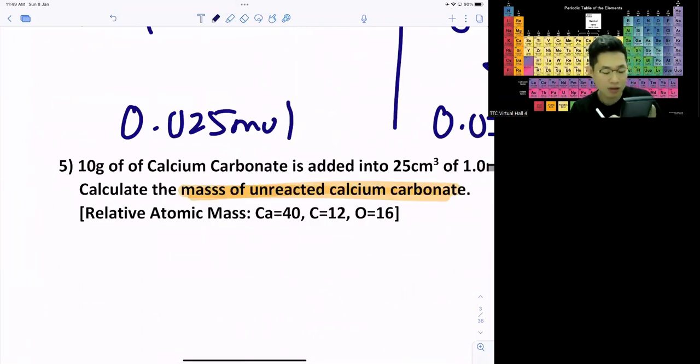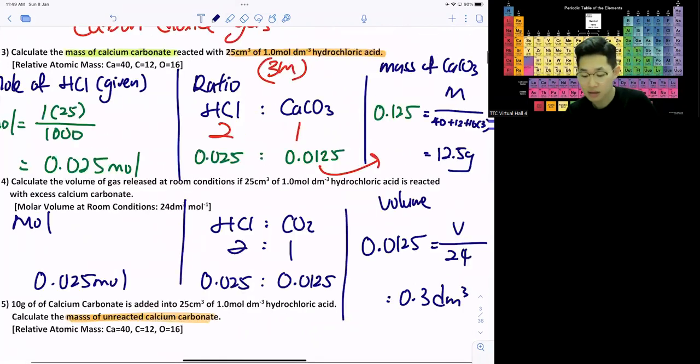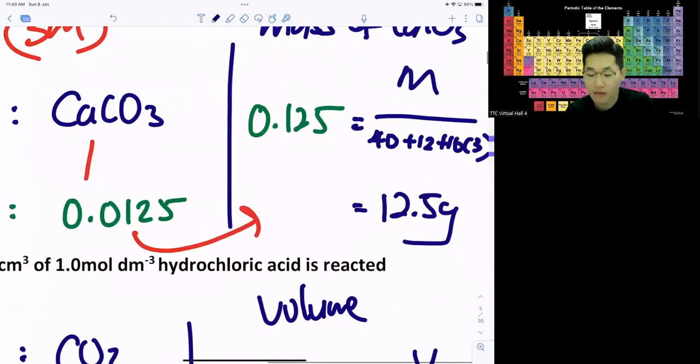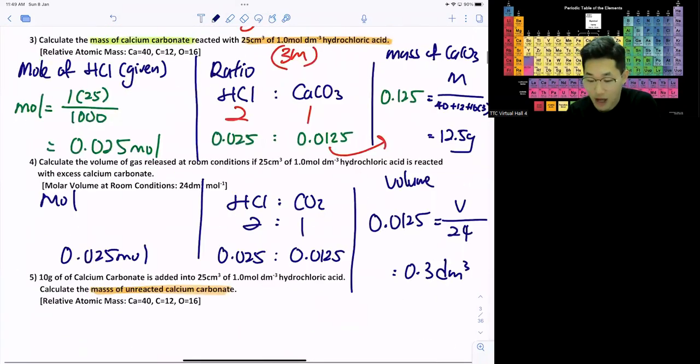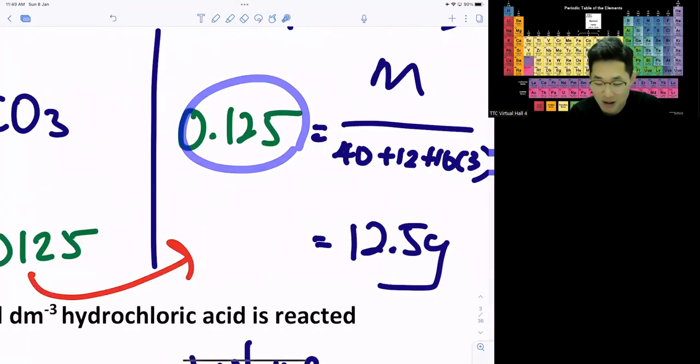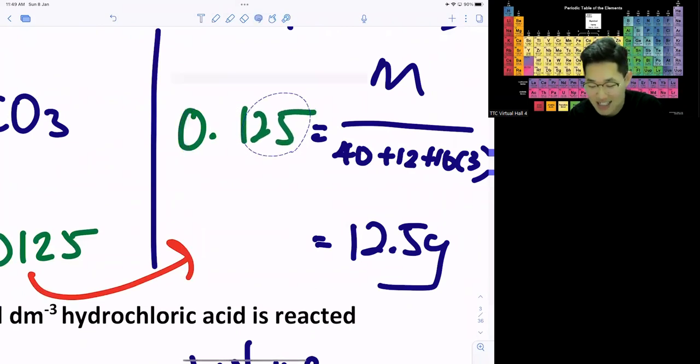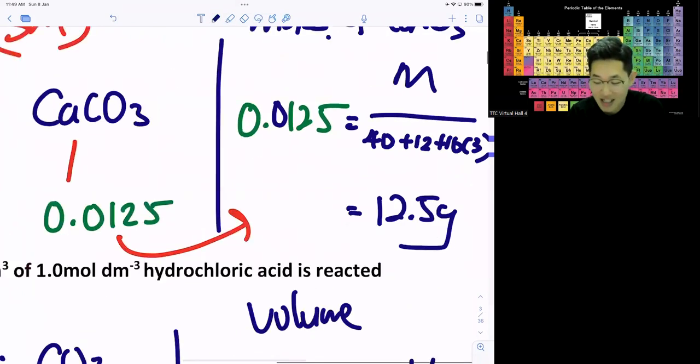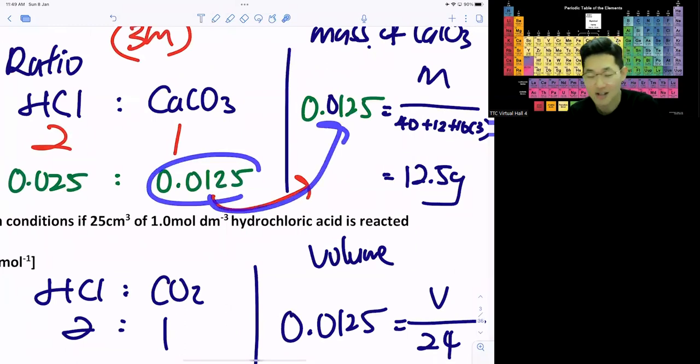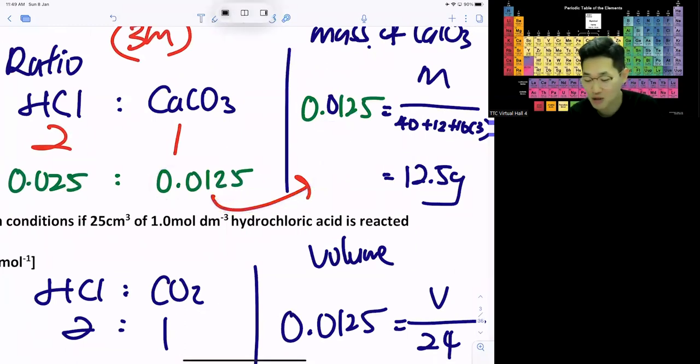Wait, let me. Sorry, I know why already. This value is supposed to be 0.0125. Can you see? Sorry, 0.0125. So it's supposed to be 1.25 grams.